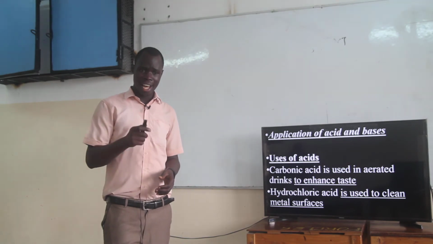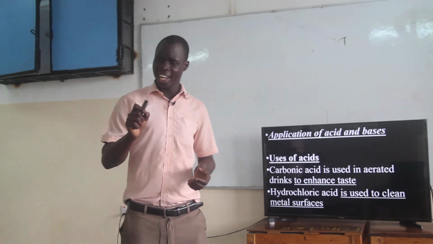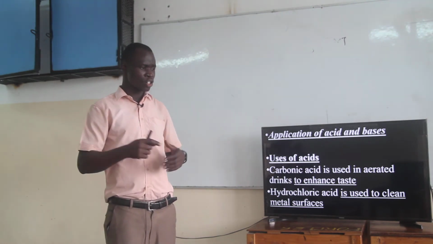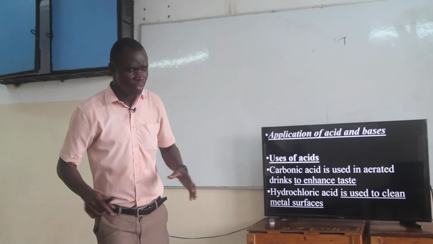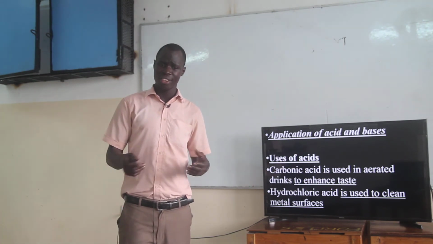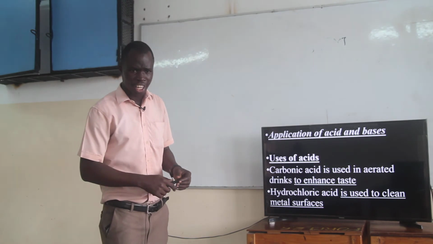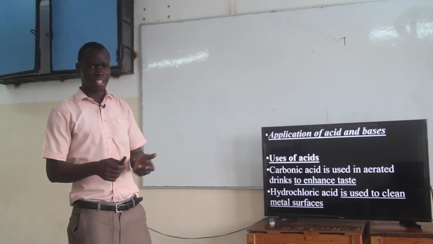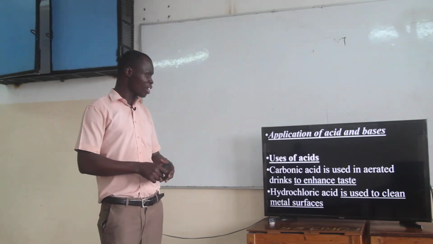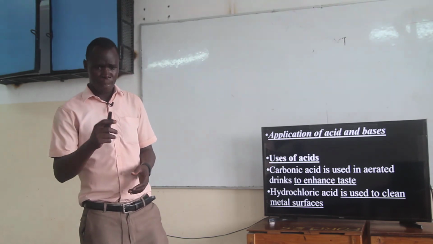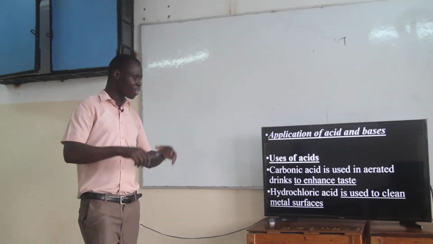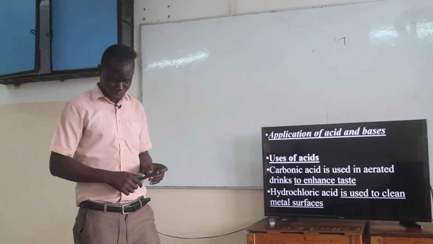There is an acid that is used to clean the surfaces back at home. For example, when your toilet is very dirty, that is nothing short of hydrochloric acid. So you find that these substances do get application in our everyday life.